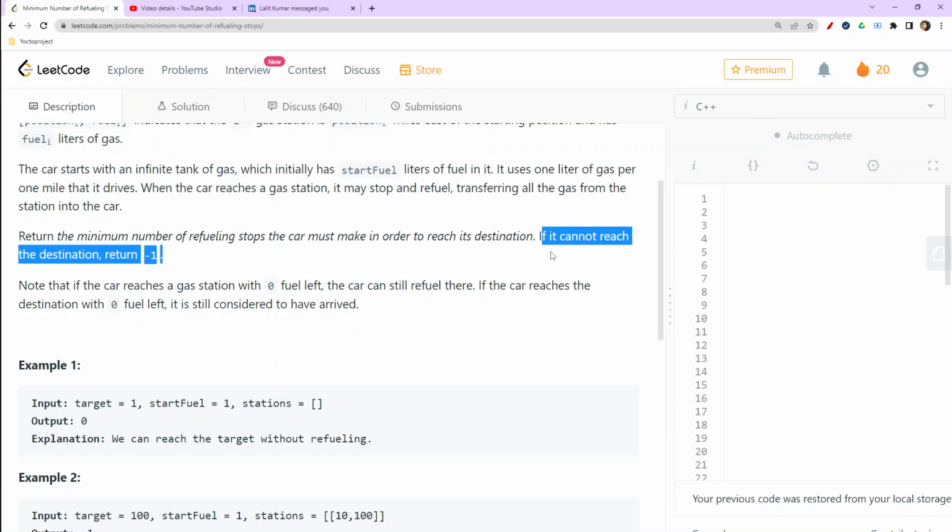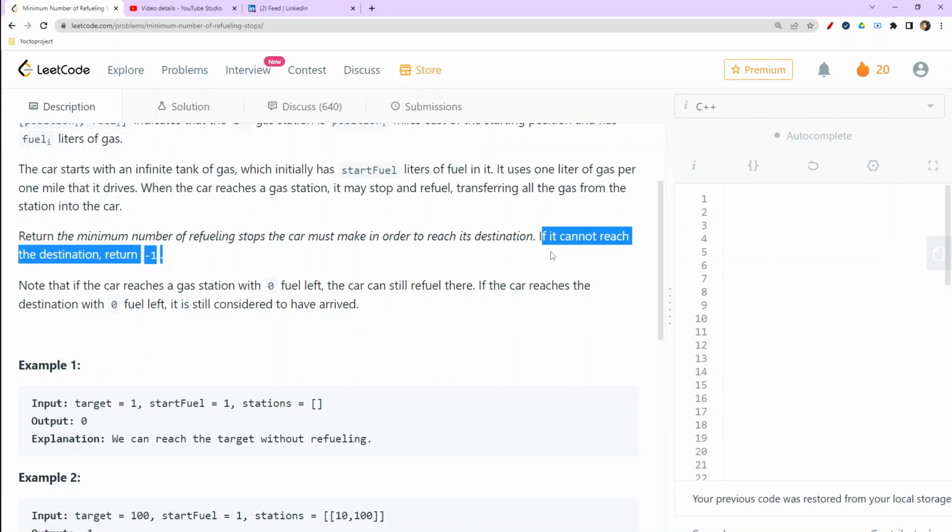The thing is that in this question they are explicitly mentioning that there could be a case where our car is not able to reach the destination, meaning either the starting fuel won't be sufficient, or in the middle, if we reach some position, we are not able to go ahead. At that particular moment we are required to return -1.